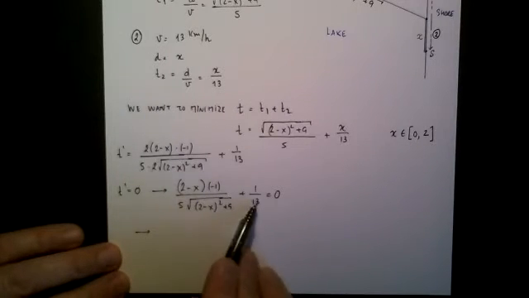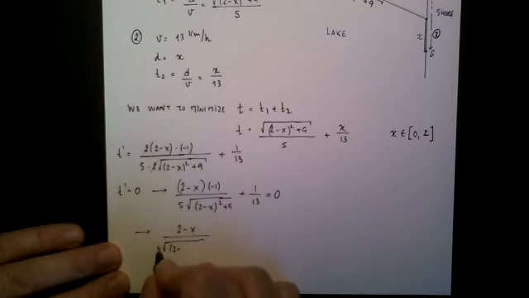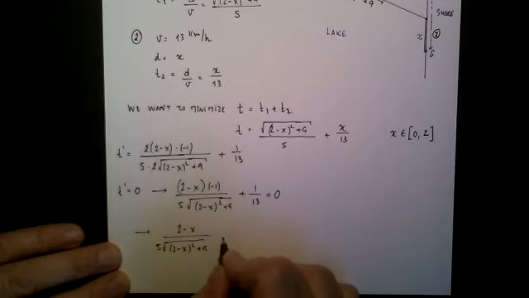If I send this to the other side, I get (2 minus x) over 5 times the square root of (2 minus x) squared plus 9 equals 1 over 13.